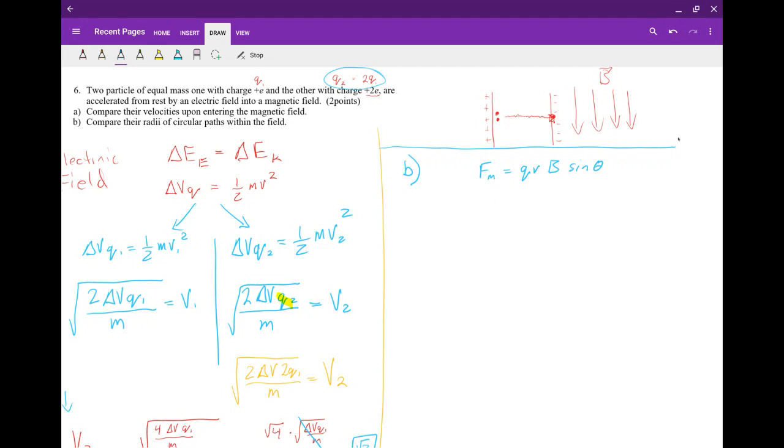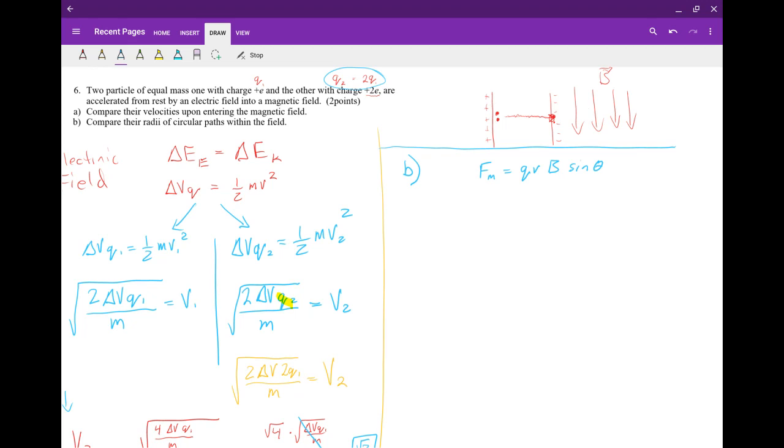All right, so now remember that the force magnetic is always equal to the centripetal force on the particle, because when a particle is moving in a magnetic field, it travels in a circular path, and circular paths follow the rules of centripetal motion.